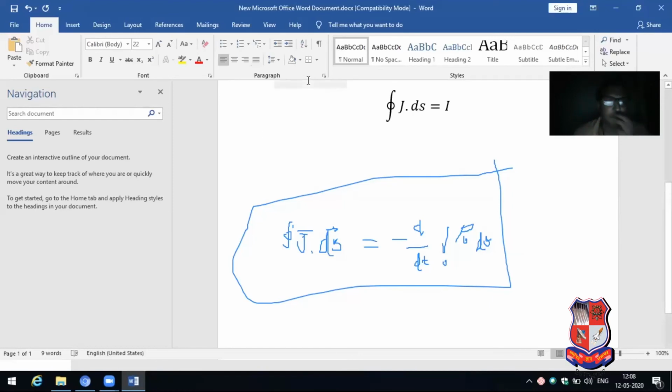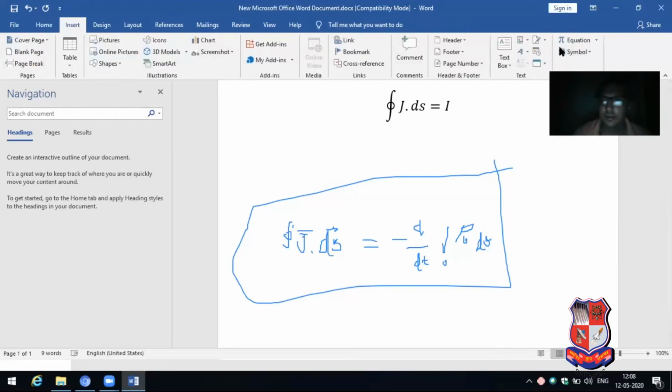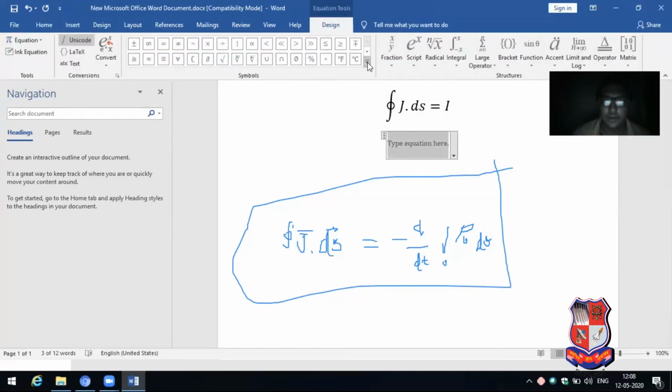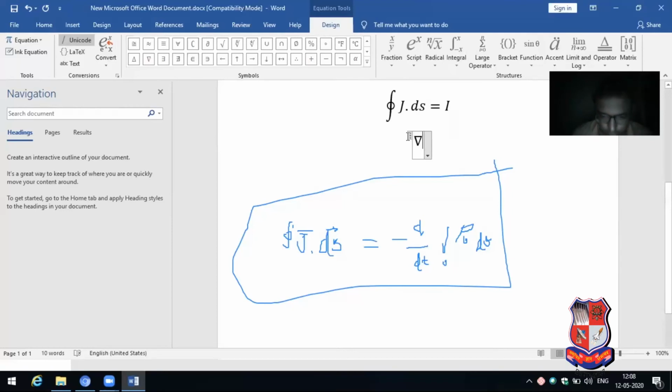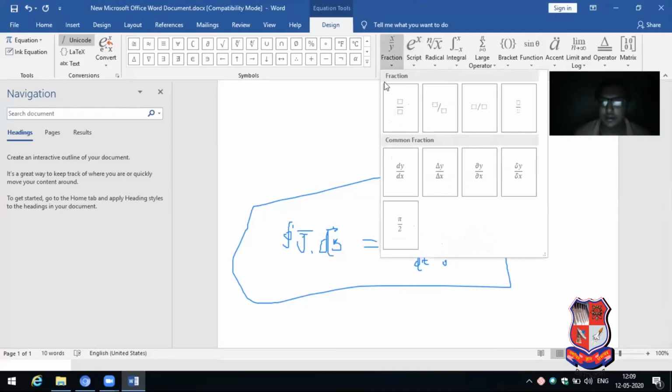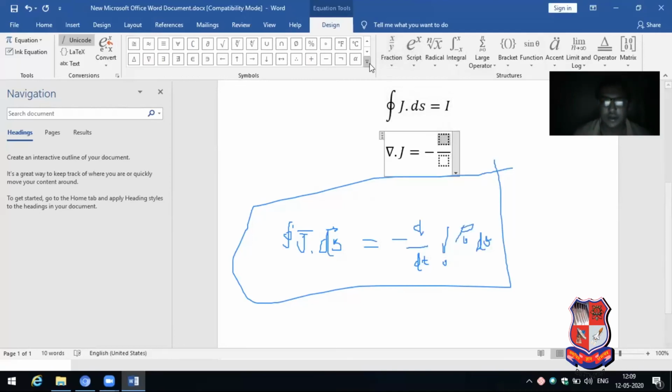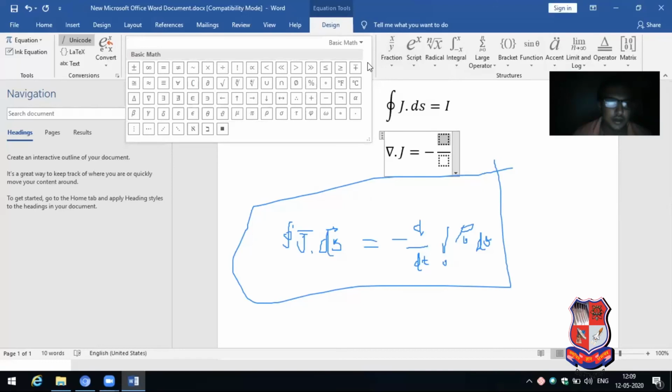This is known as the point form. Del dot J equal to minus del rho v by del t.